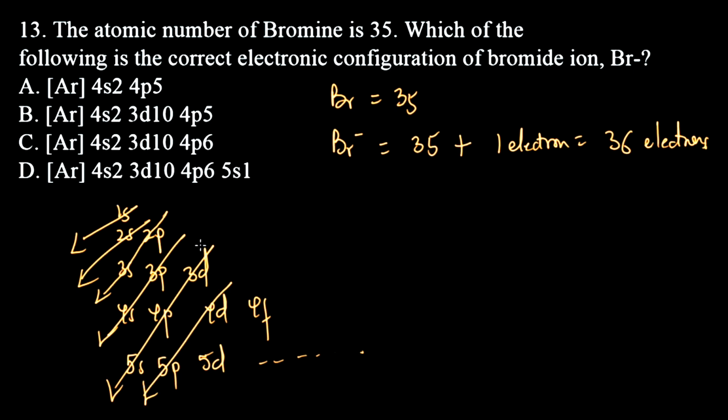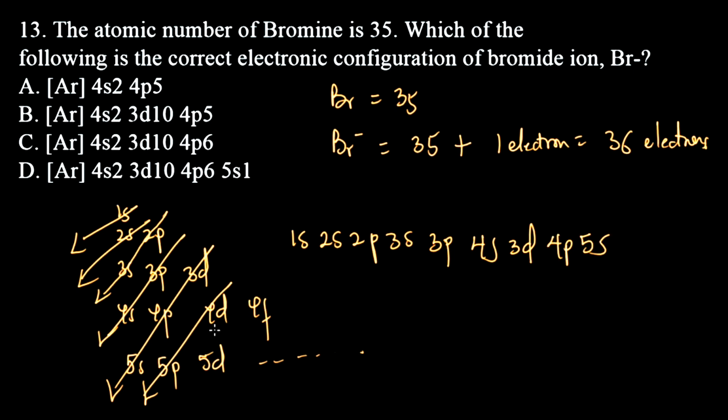So therefore, we can write the configuration as 1s, 2s, 2p, 3s, 3p, 4s. Then we go to d. So we have 3d. Go to p. So we have 4p, 5s, and then we move to 4d. We have 4d.